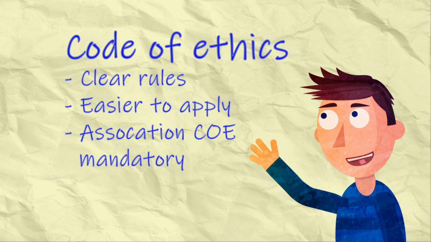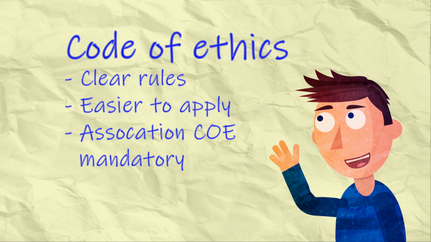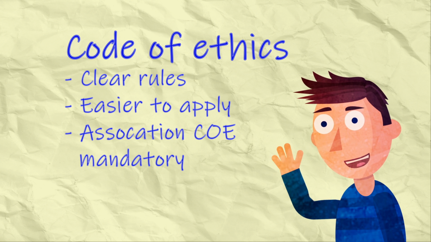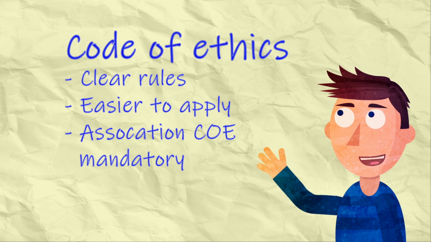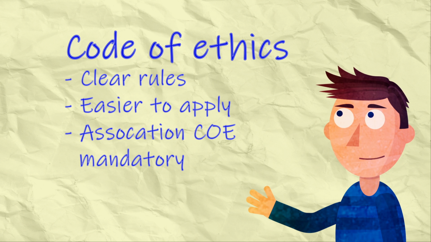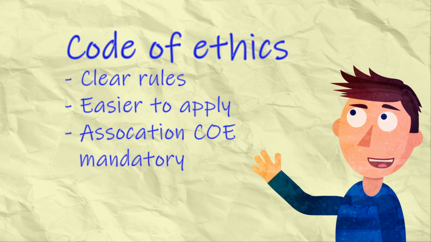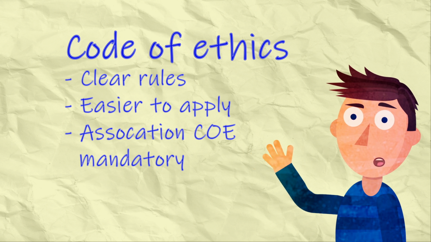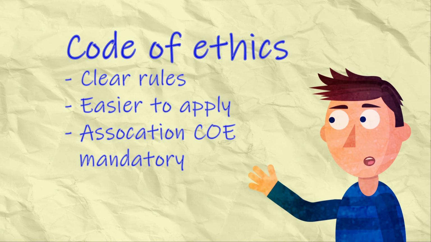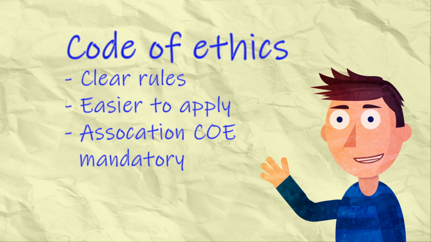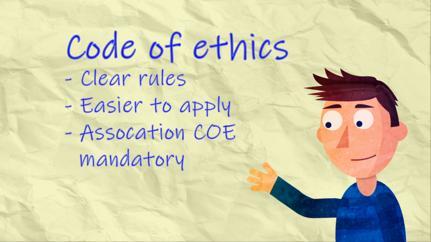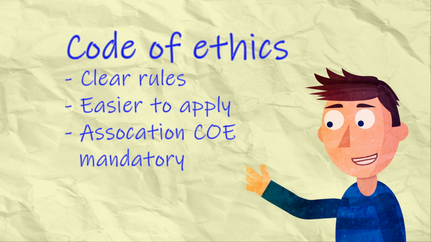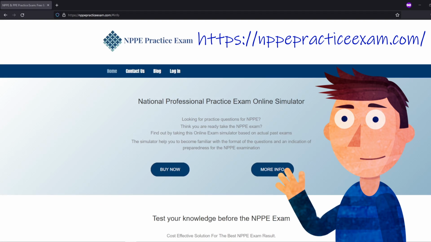When professionals fail to meet their association's Code of Ethics, they can be disciplined for professional misconduct. This is because most associations' Code of Ethics is enforceable under the Provincial Act for the majority of provinces and territories in Canada.